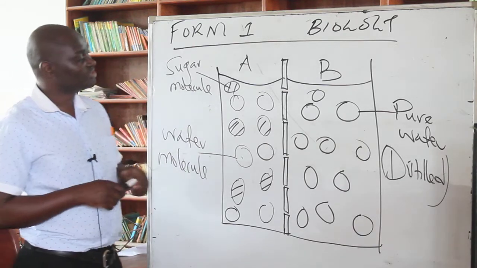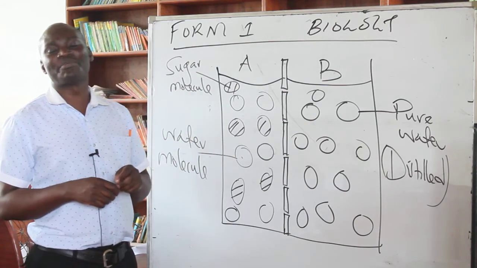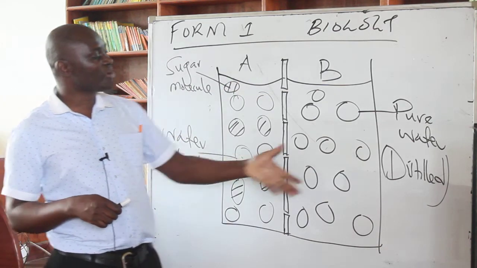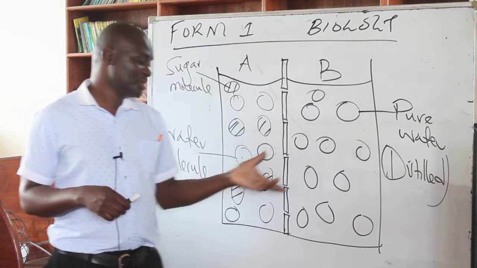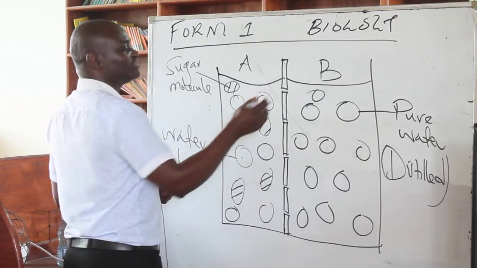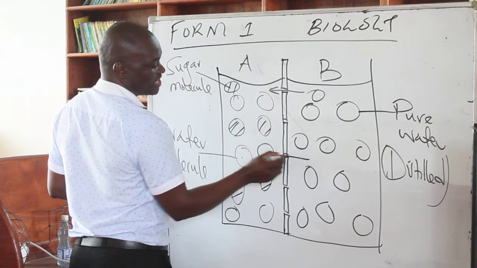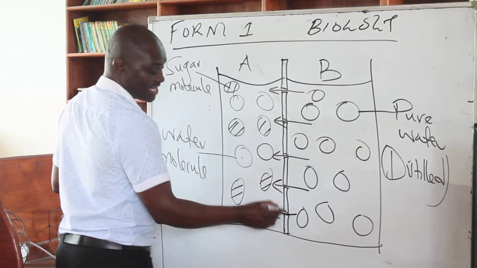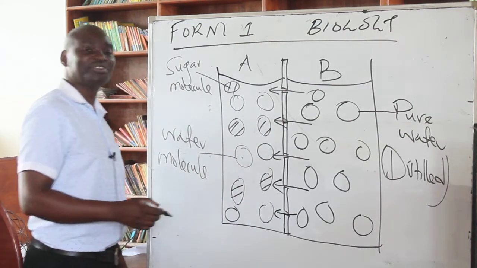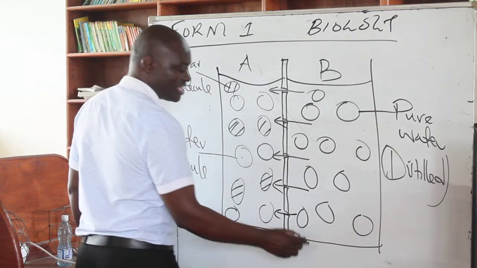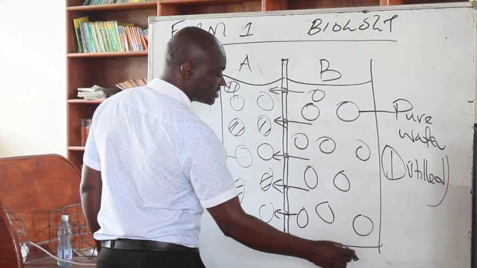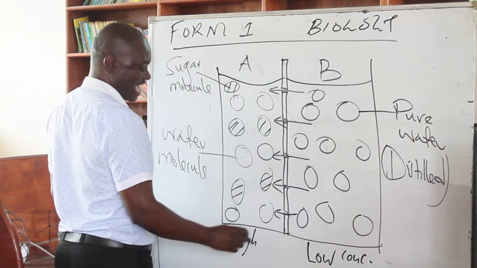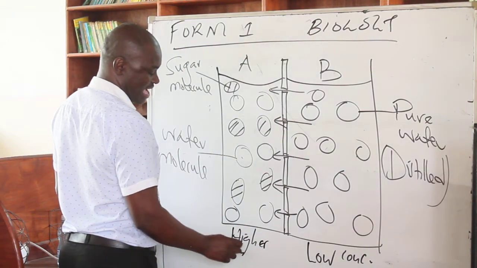Now, we know that when two solutions are separated by a semi-permeable membrane, water molecules will move from where we have more water molecules to where we have less water molecules. So water molecules will move by osmosis from a solution of low concentration. So here there is low concentration, but this solution here is of higher concentration.